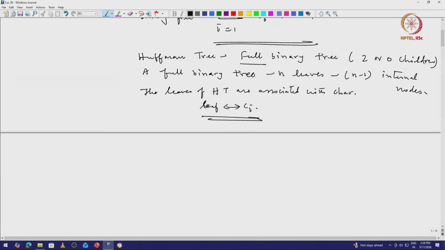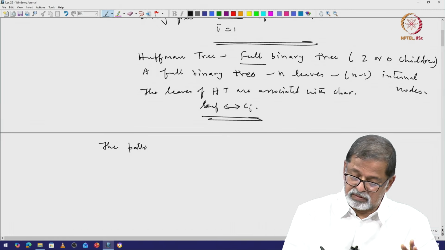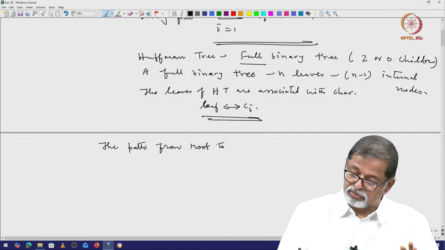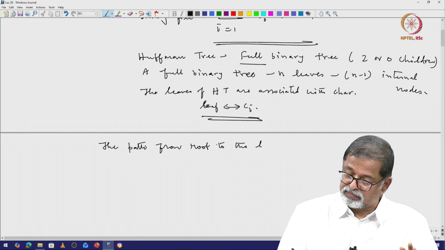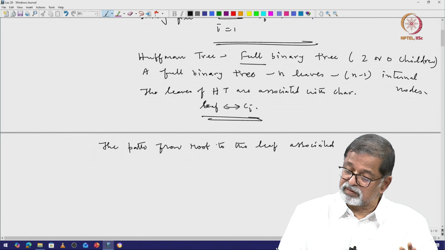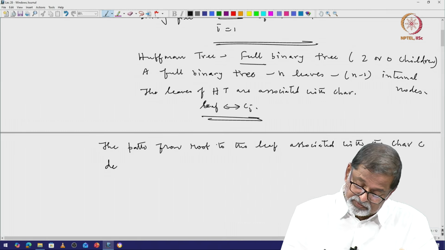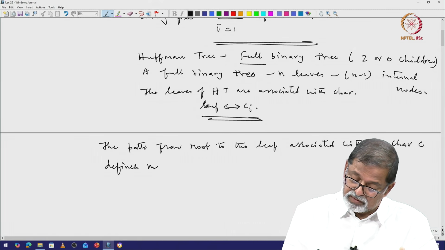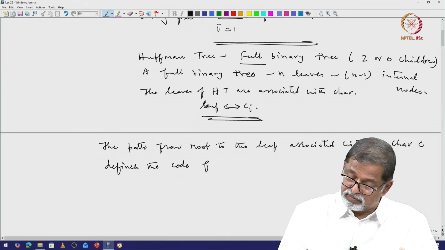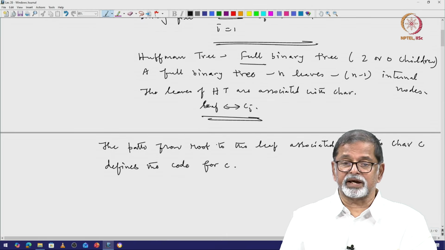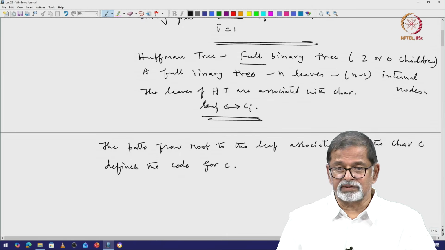So the path from the root to the leaf associated with the character C defines the code for the character C. How is this defined?